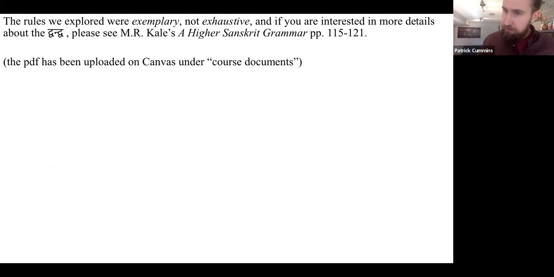As long as we have a sense of what's going on in the literature in a representative way, we're in a good place. If anybody is interested to look through every rule, and I wouldn't recommend memorizing every rule, you can see M.R. Kale's A Higher Sanskrit Grammar, page 115 to 121, which I've put on Canvas.